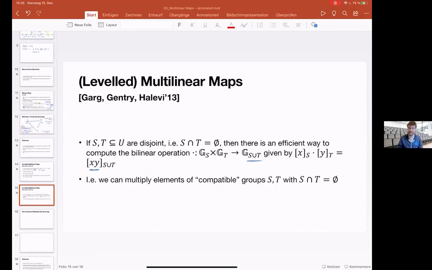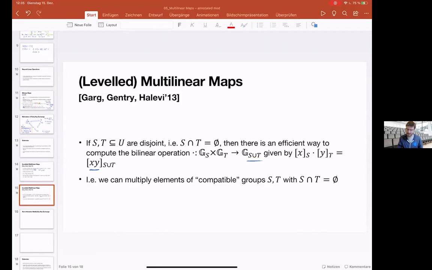In fact, the first multilinear maps as proposed by Garg, Gentry, and Halevi did not have this set structure. So the groups were not ordered like in this set family, and they didn't have precisely this legality condition. But for our purposes, these leveled multilinear maps with this legality condition are essentially what we need, as we will see later.